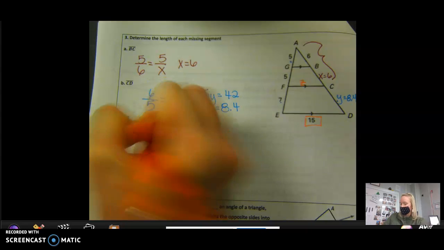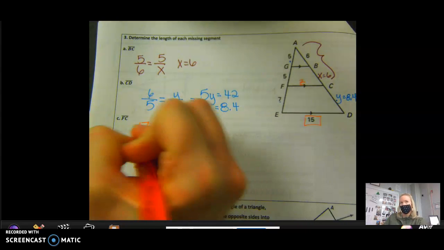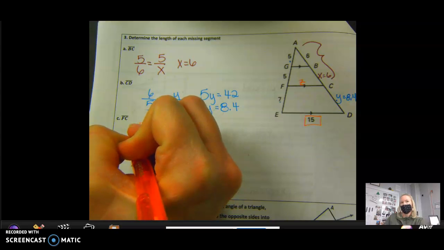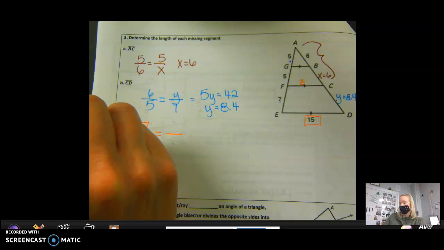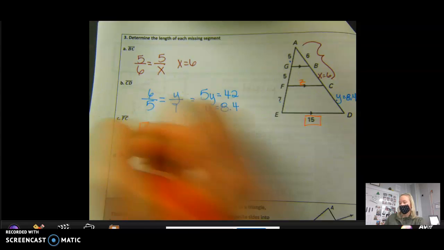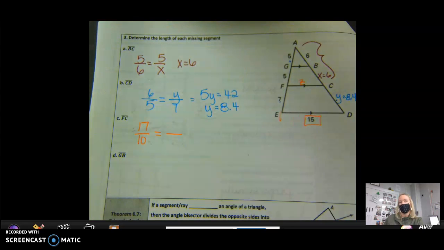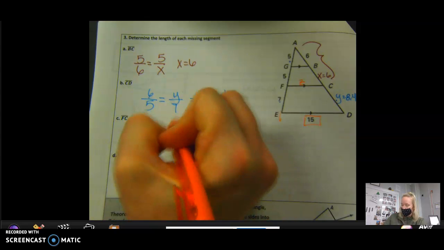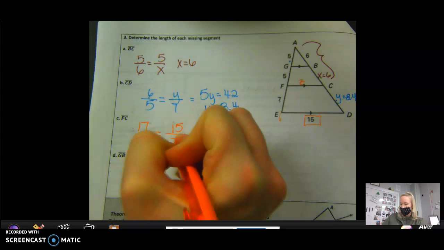So 17 over, what would I put it over? Sure, I can do that. So 17 over 10 equals 15 over, yep, that works.